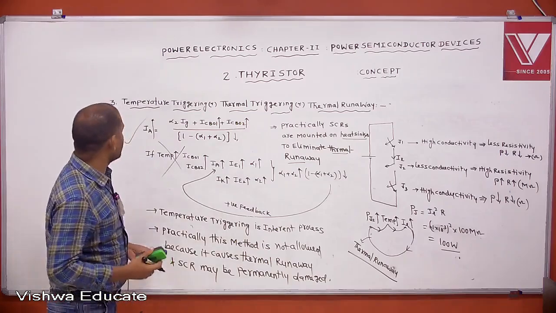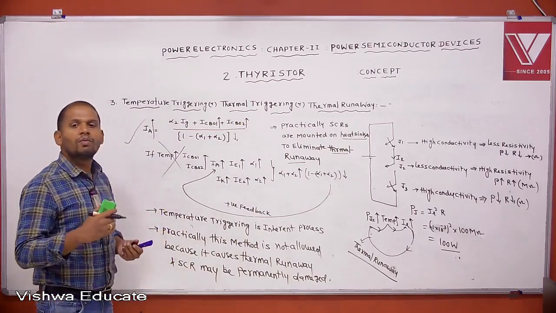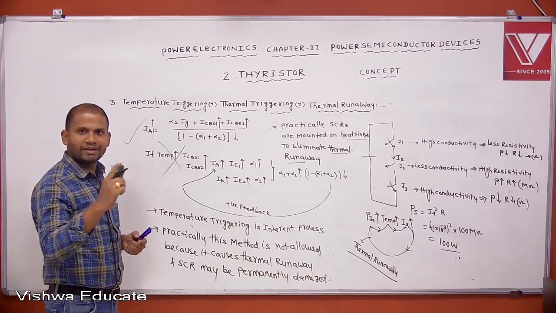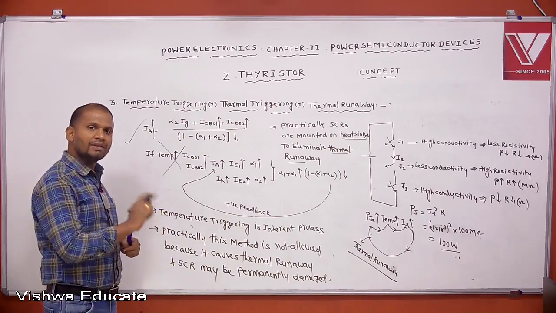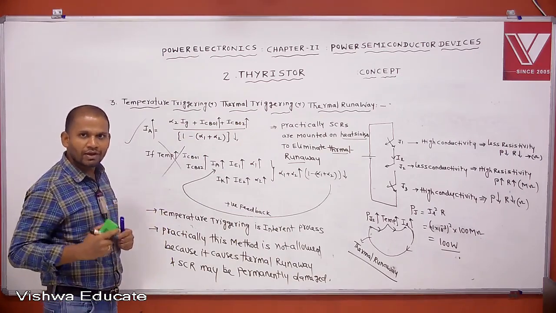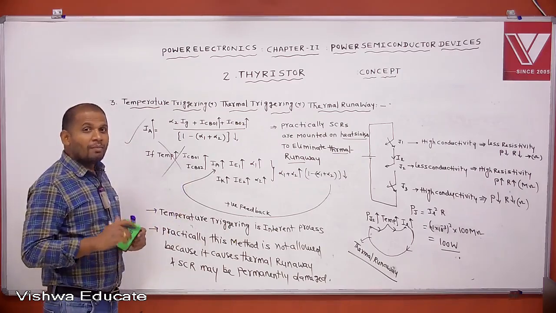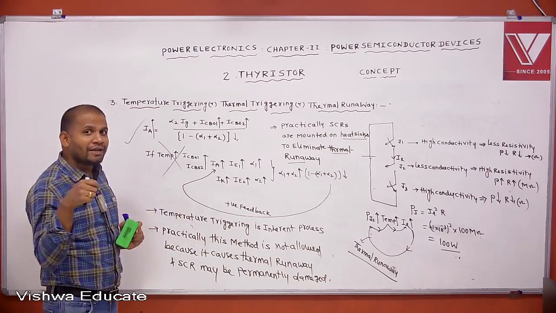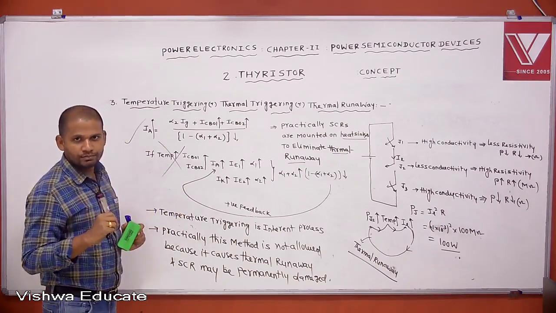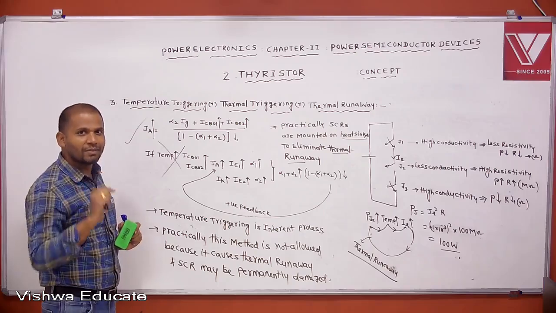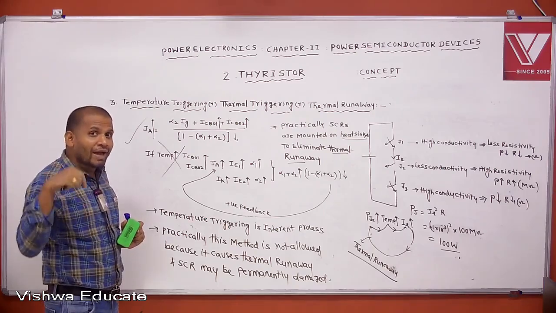With what I explained, what is forward voltage triggering? That method is also not preferable. Gate triggering is the preferable method, because it is in our control. Temperature triggering is also not preferable. In forward voltage triggering, did you connect any gate supply? No. In gate triggering only we connect the gate supply.